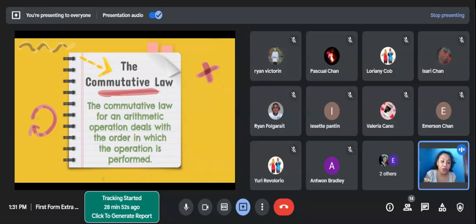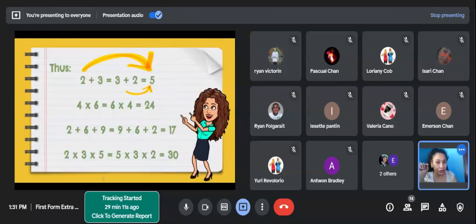But it doesn't matter where they go because they give me the same answer. And commutative is only for addition and multiplication.